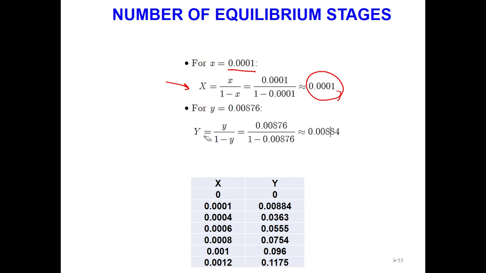For y, I need to do the same. I use this y in this equation and find the capital Y. I did it for this point. I can continue for the other points and complete this table, and then I will plot Y versus X. So this is the first step that we need to do.